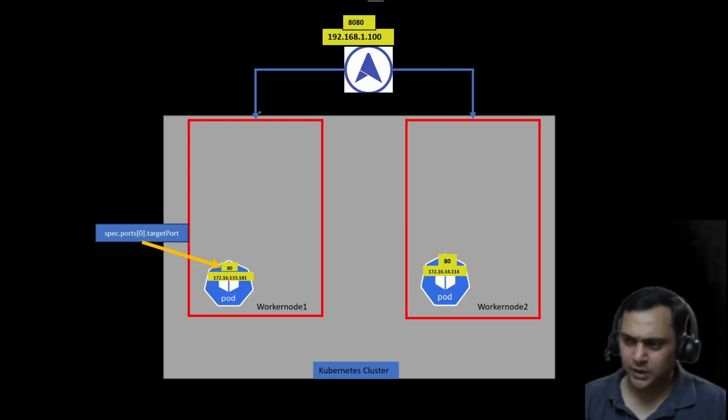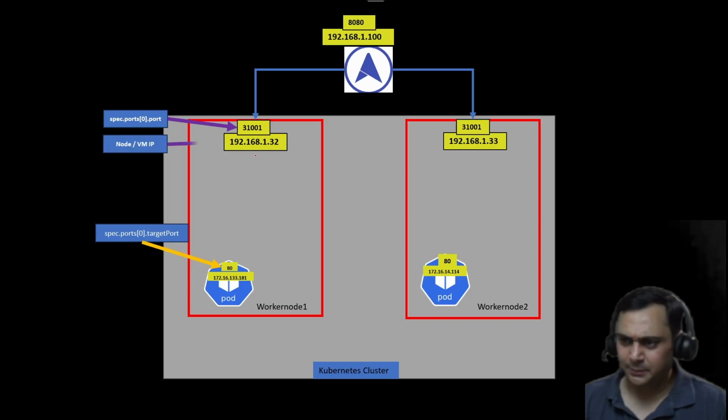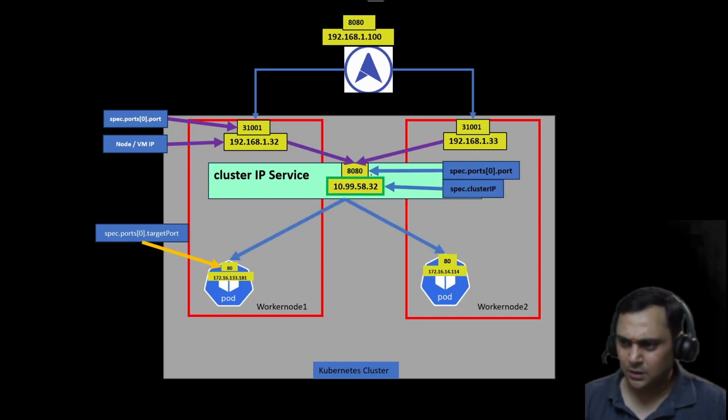So it forwards the traffic to both of the worker nodes, and as I said, the load balancer service will also create the node port service, so it will forward the traffic to this port number here, and then the IP address, it will use this one for both, and after that it will forward the traffic to the cluster IP address on this port number, and then the service will forward the request to this port on port number 80.